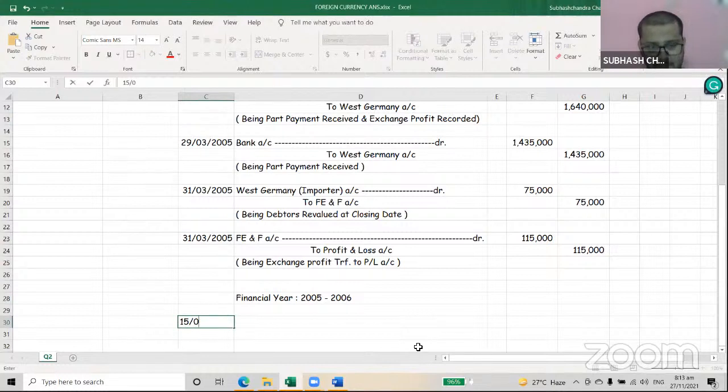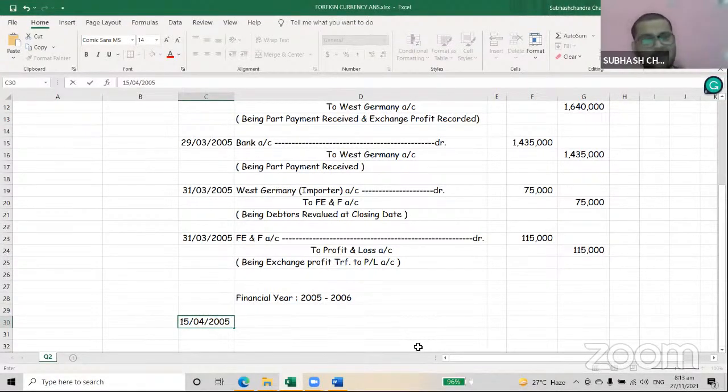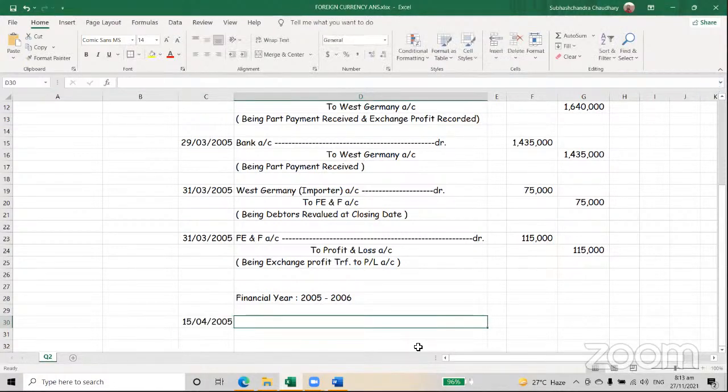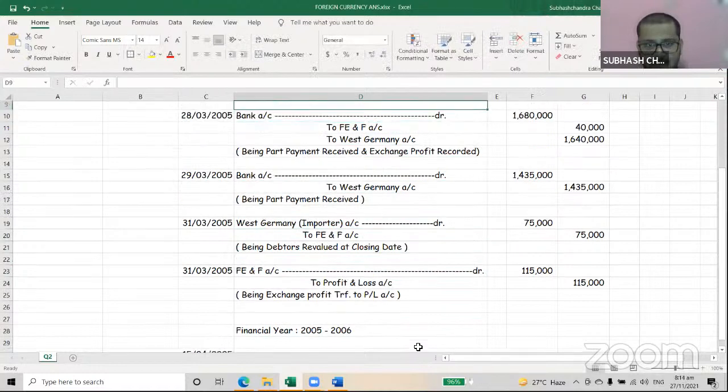15th April. The entry will be 5 only, but the date here will be 6. I think one entry is there already. I will copy the same.